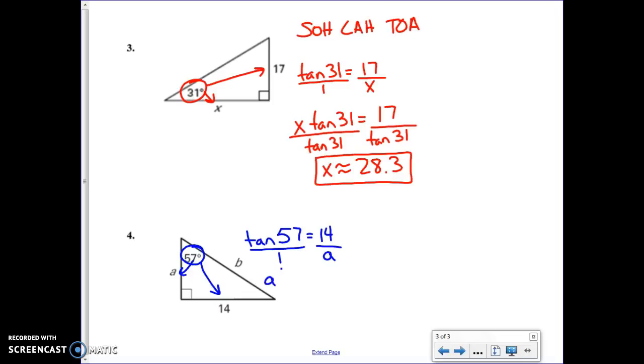So I get A times the tangent of 57 is equal to 14. So I divide by the tangent of 57 on both sides, and A then is approximately 9.1.